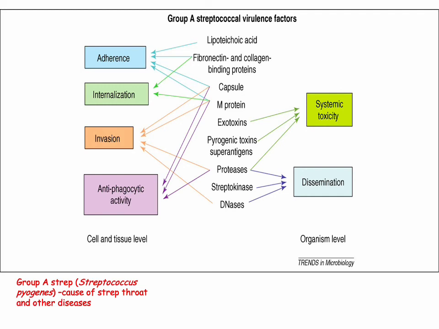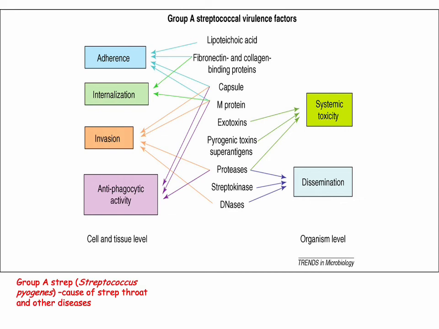So given pathogens are equipped with all these different structures to enable them to carry out all those steps in infectious disease. Always the anti-phagocytic is one of those, avoiding the immune system. So do you need to remember all the structures and what they do?